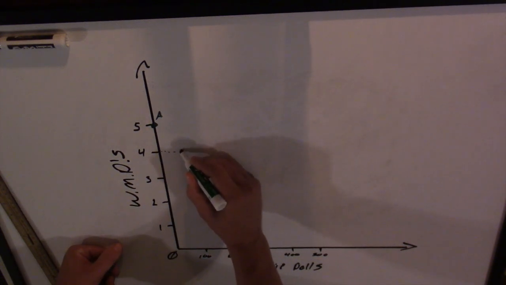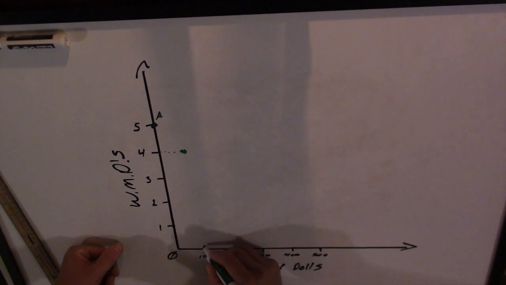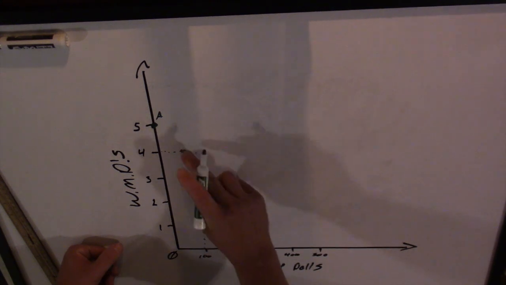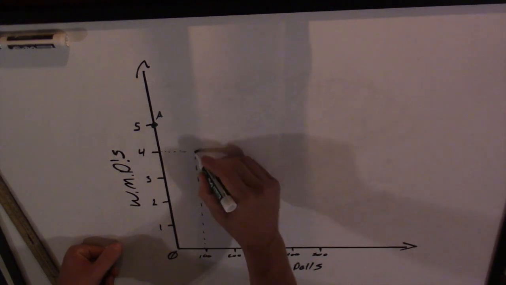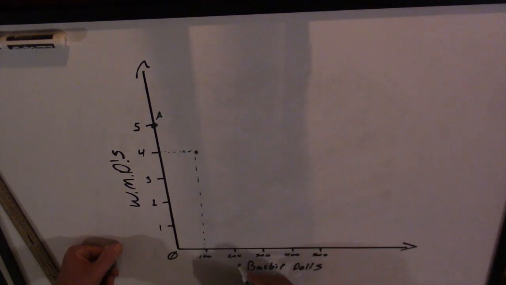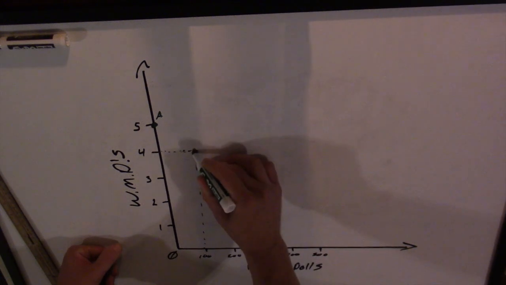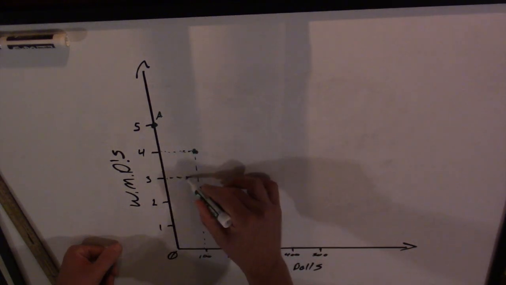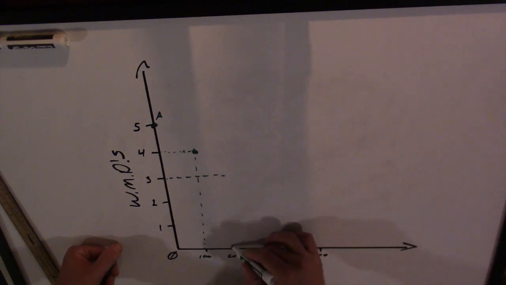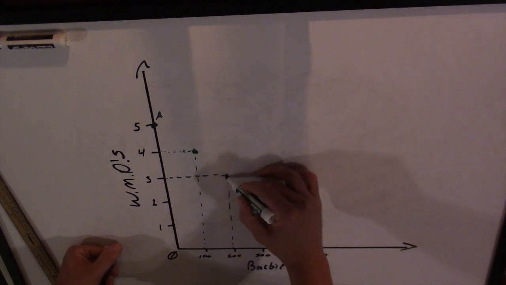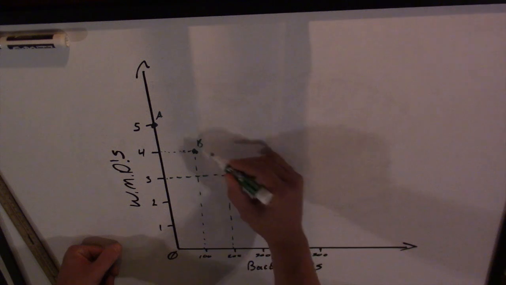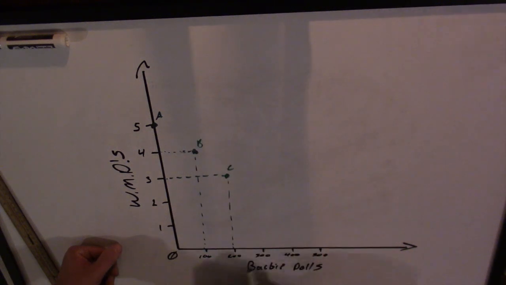My next point was going to be 4 WMDs and 100 Barbie dolls. So I'm going to draw my dotted line over from 4 to 100 and fix that a little bit. You should use a ruler when doing this. It's a little bit harder when I'm doing it on a board. All right, and my next point, point C, was 3 and 200.